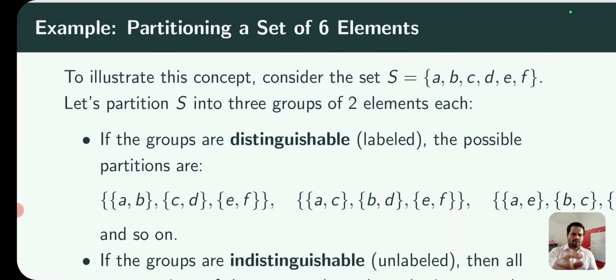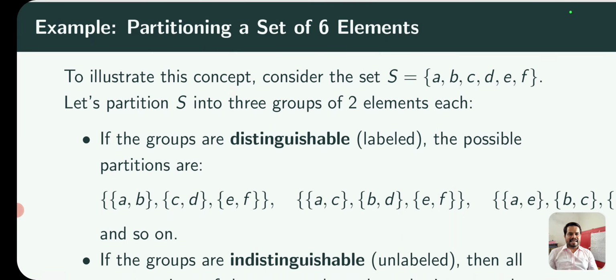To illustrate this, consider the set S containing the 6 elements A, B, C, D, E and F, and we have to partition this set S into 3 groups of 2 elements each. If the groups are distinguishable, then the possible partitions are {A,B},{C,D},{E,F}; {A,C},{B,D},{E,F}; {A,E},{B,C},{D,F}, and so on.